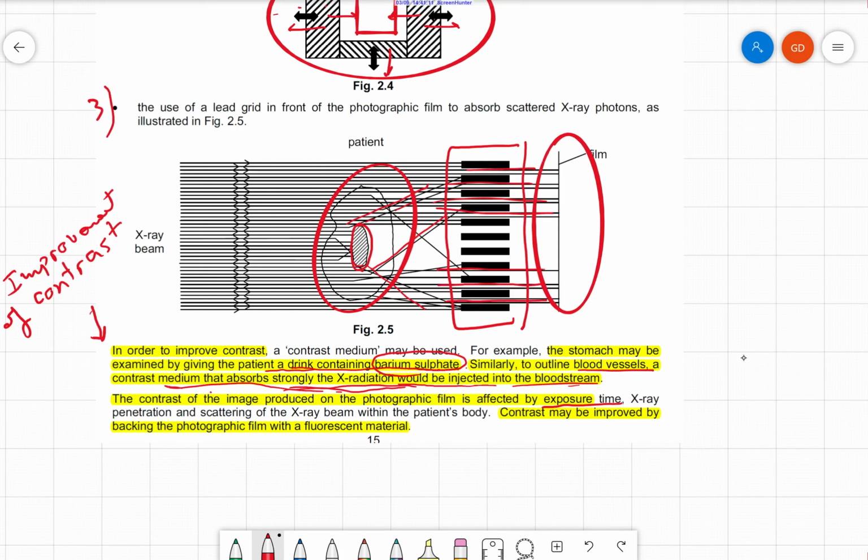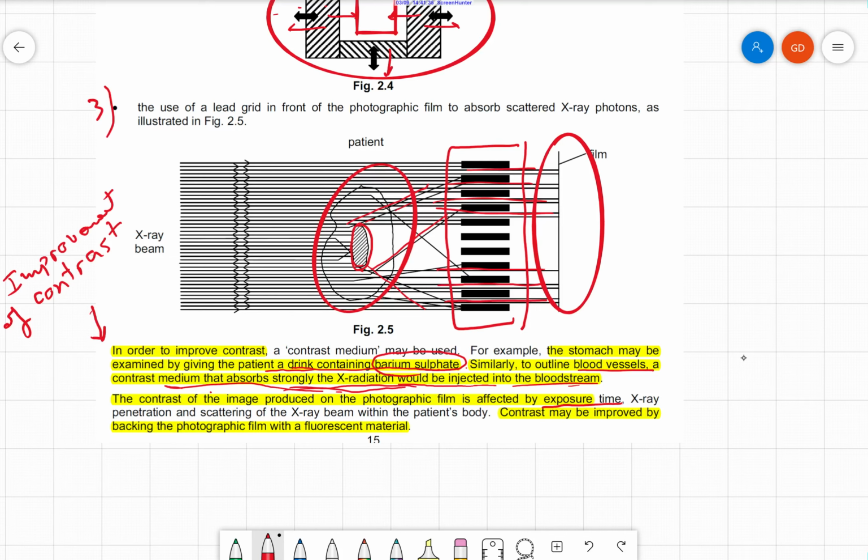Therefore, contrast can be improved by injecting blood vessels with a medium that absorbs the X-ray, handing the patient a drink containing barium sulfate, or by modifying the exposure time, making it longer or shorter.